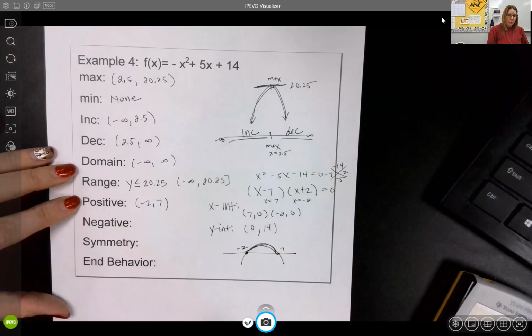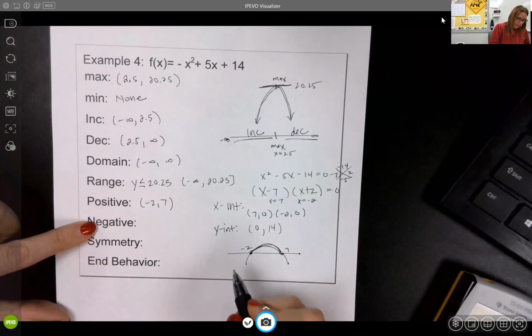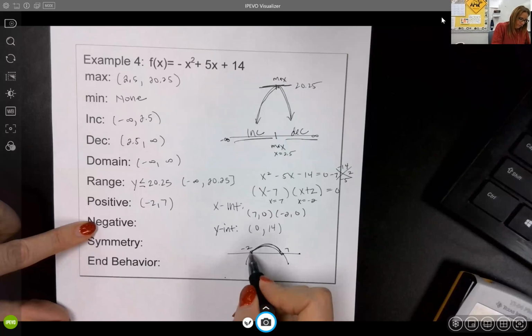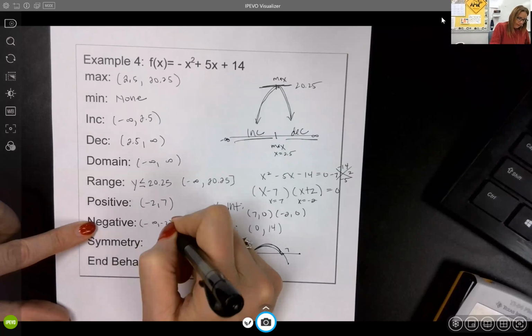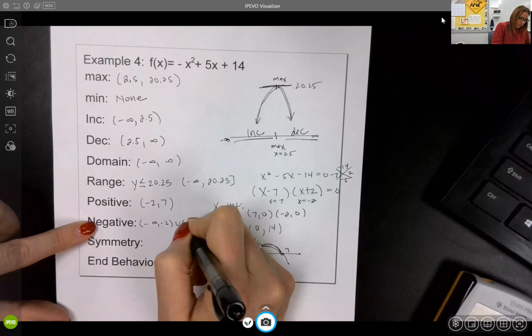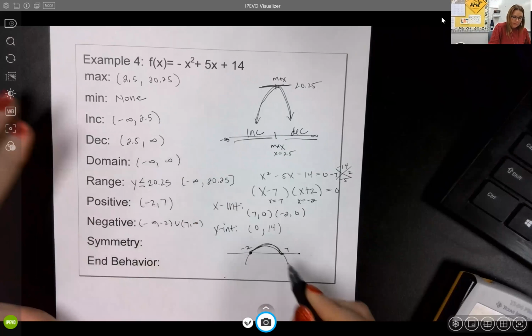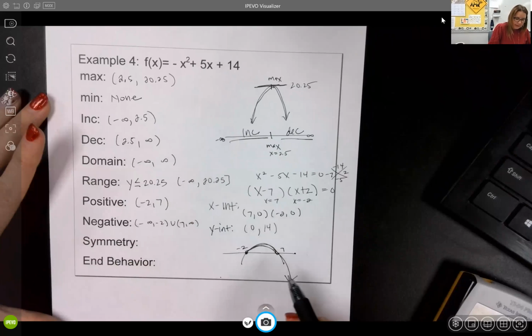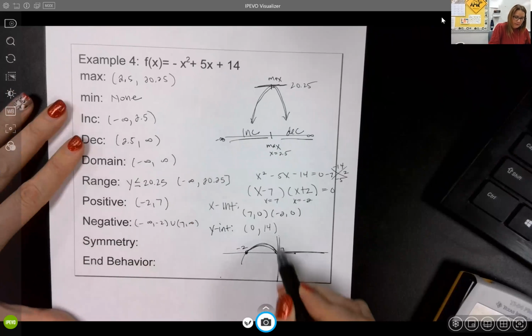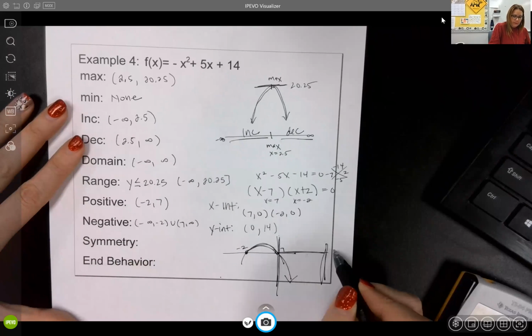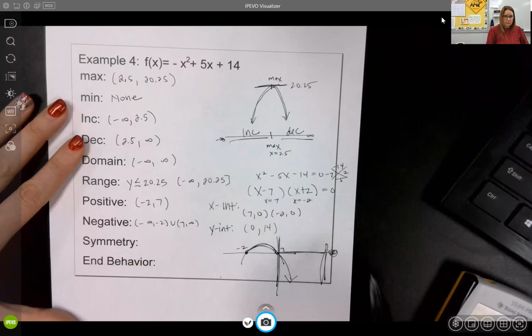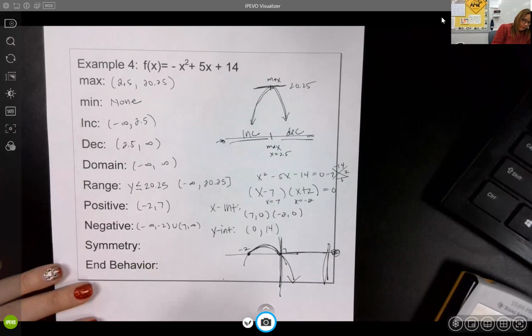Okay, and then the negative is going to be negative infinity to negative 2 and 7 to infinity. So even though the graph's going down like this, it's still below between 7 and infinity, right? And it's still below between negative infinity and negative 2.